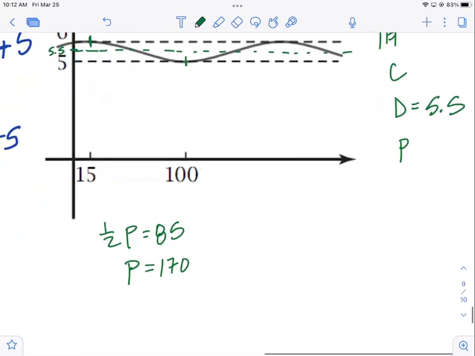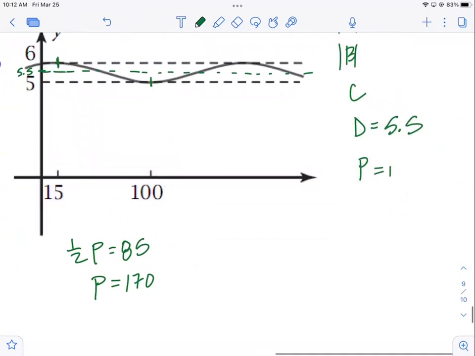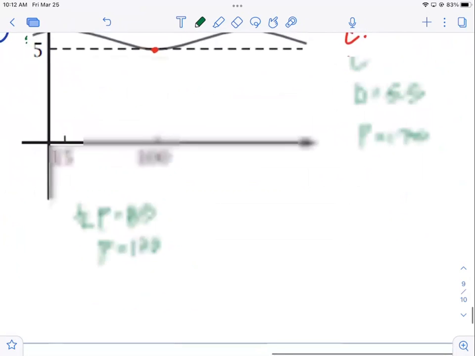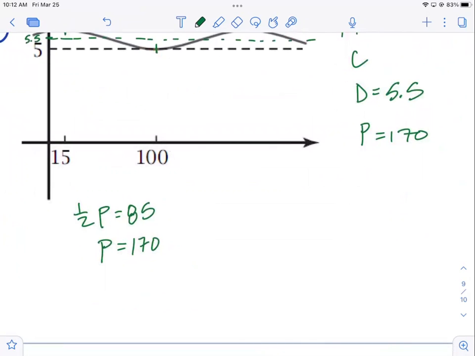Okay. Now, knowing the period is 170 is nice because that allows us to find our B value. Because remember, the period we get from the graph, but the B value we need for the equation. So the B is 2 pi over P. And I do want you to give a simplified value with pi visible. If we simplify that, that turns into pi 85ths.